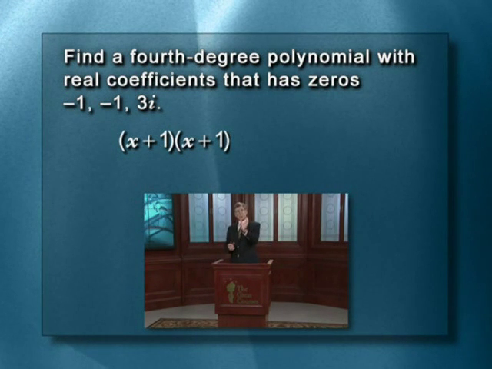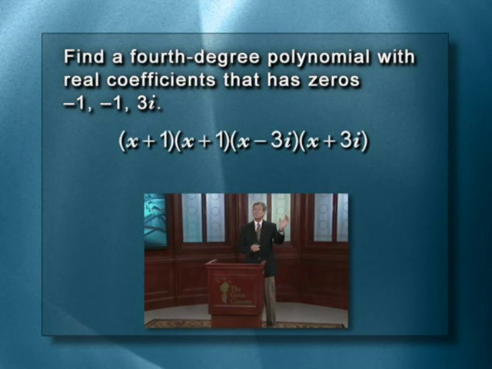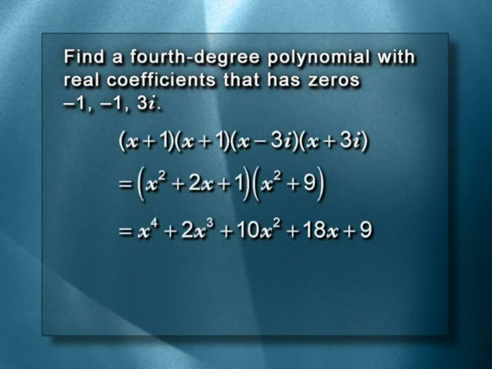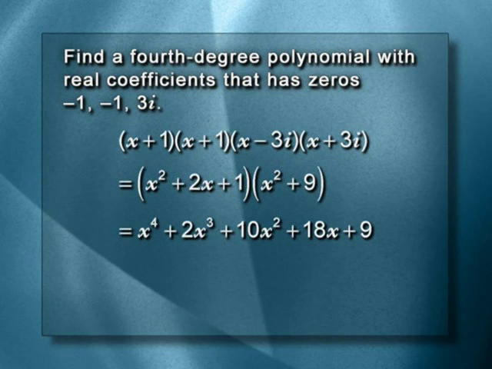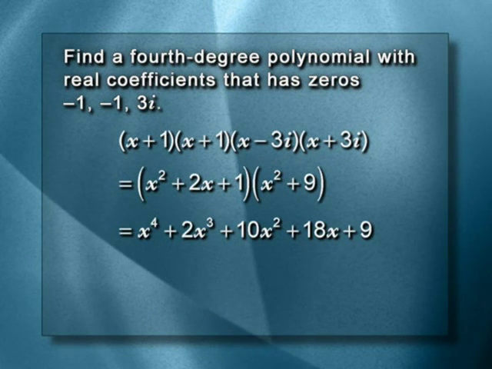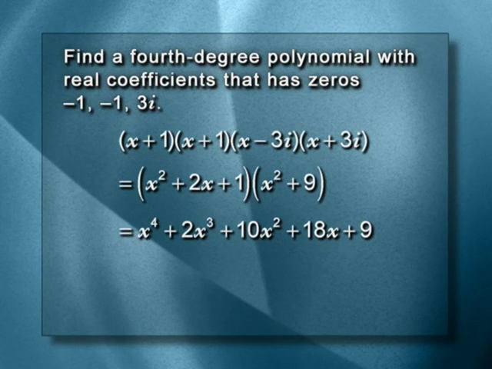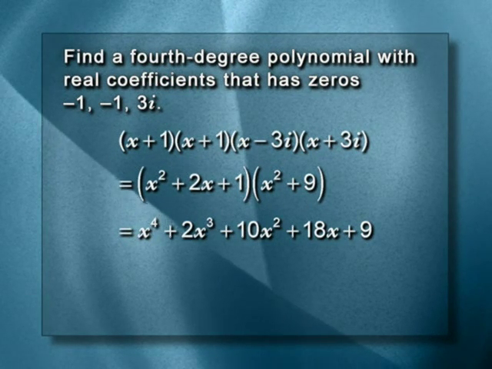So we get x plus 1, x plus 1, x minus 3i, x plus 3i. 4 terms. And then you multiply this out. I won't bore you with the details of multiplying it out. It's a non-trivial task. But when you do that, here's the final polynomial you get. x to the 4th plus 2x cubed plus 10x squared plus 18x plus 9.